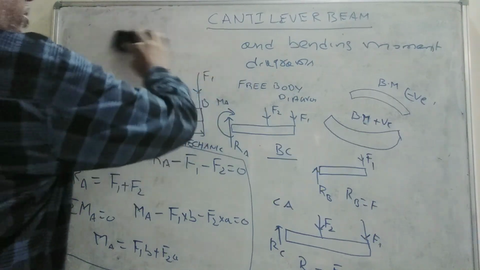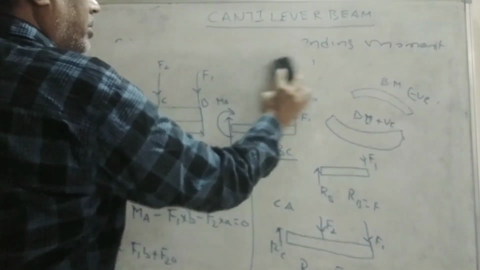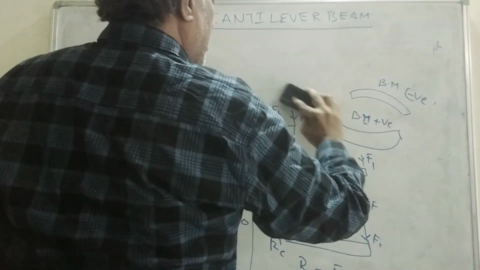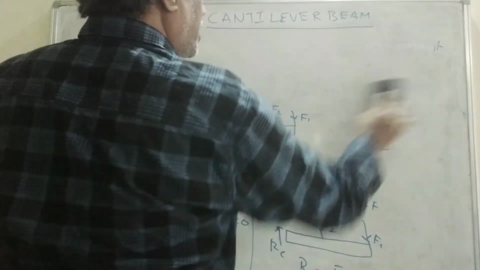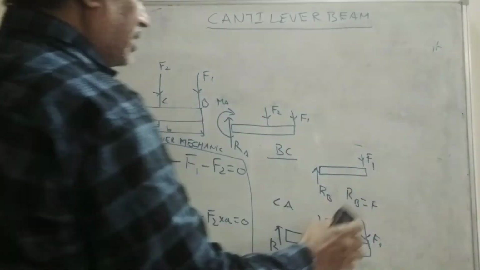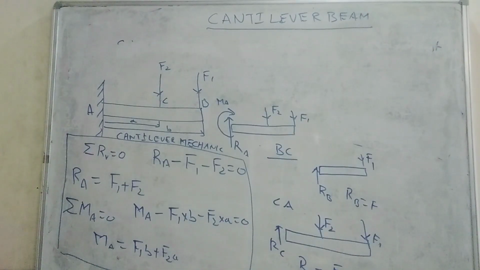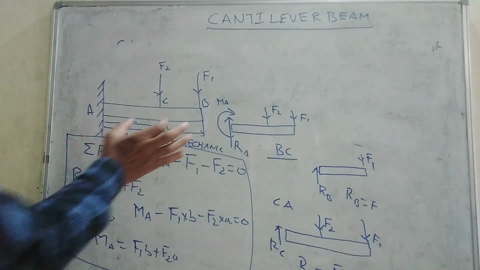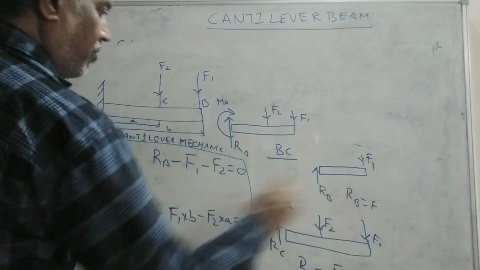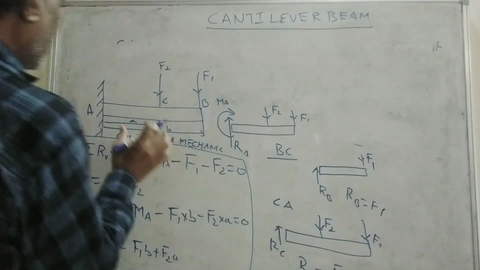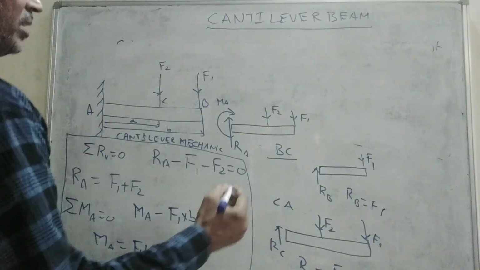So now we'll draw the shear force diagram using these two equations. One is RB is equal to F1. That means any shear force between the C and B section is the value of F1. And any shear force between the A and C section is F1 plus F2.